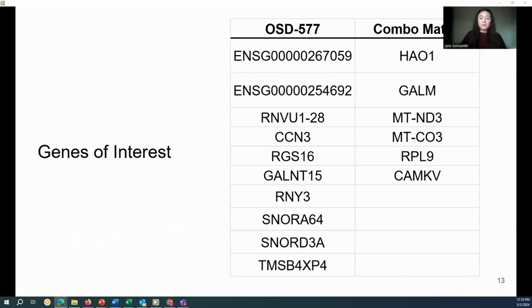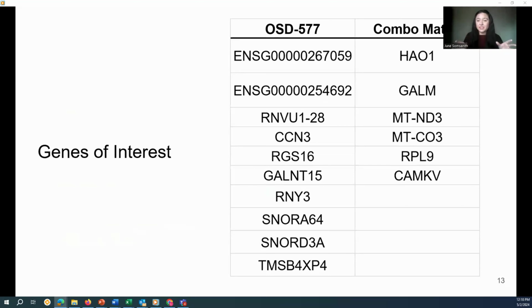I have it here in a table. With the combo matrix, there's a lot fewer genes that we're focused on than the human study. And it's very interesting because with the human single study, it's mostly ribosomal genes that have the highest variance, but with the combo matrix, it's more mitochondria and genes associated with phosphorylation and that sort of thing.